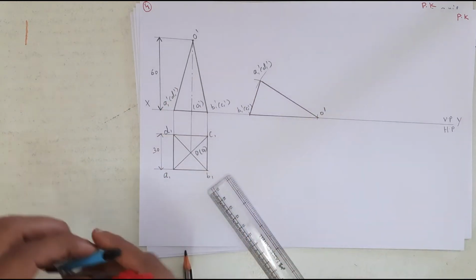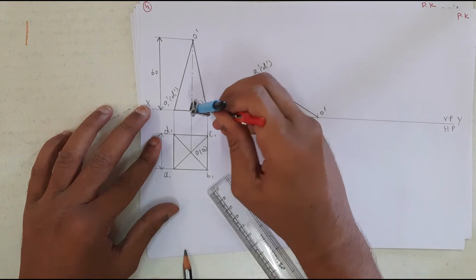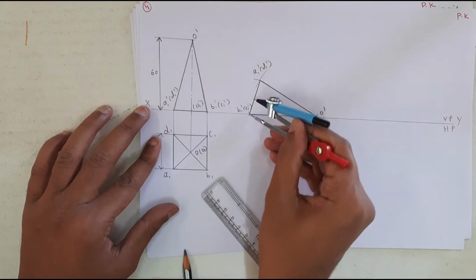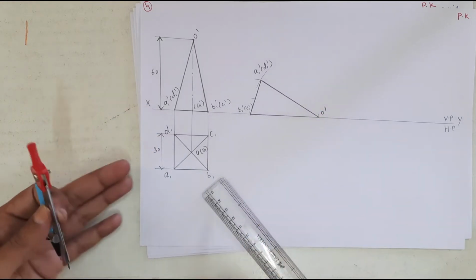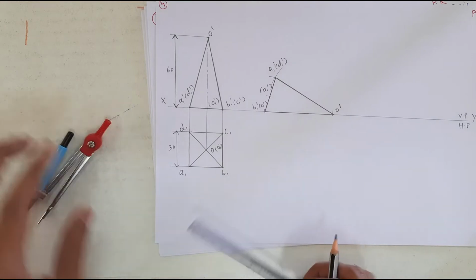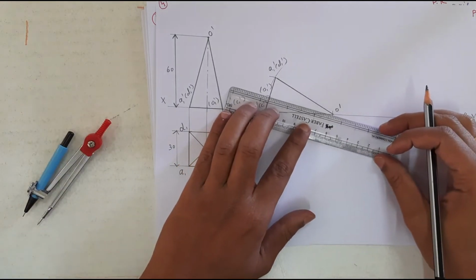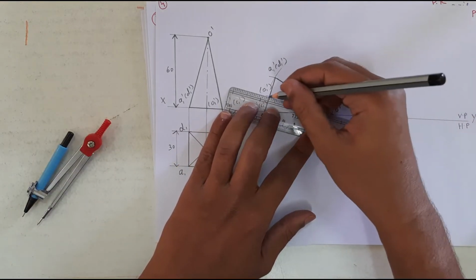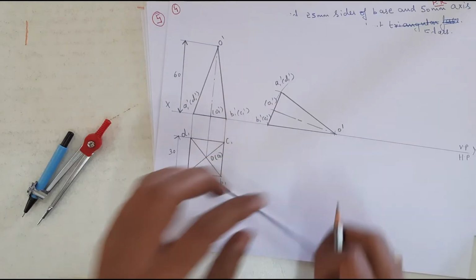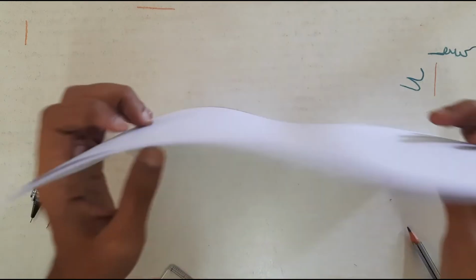Okay, and also locate the center. I need to draw the axis. So this one is O1 dash. Okay, so what is the next step?